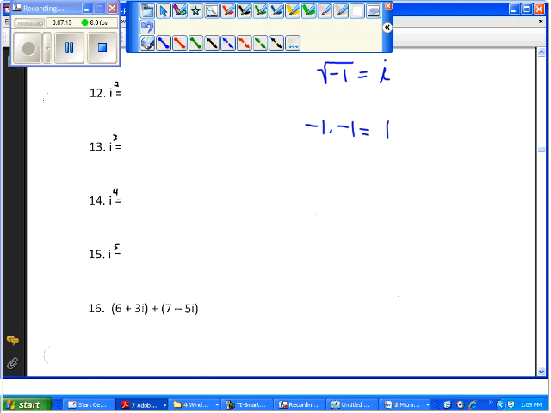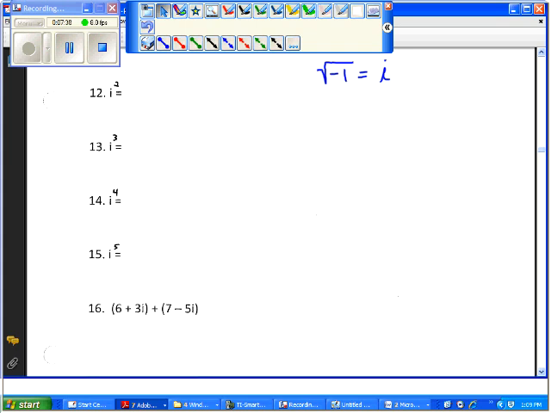So there's no number that when you multiply it by itself, you get a negative. So there was a value created, and that value created is I. Now, I is not a variable. You understand that I is not a variable? It has a real value of square root of negative 1.